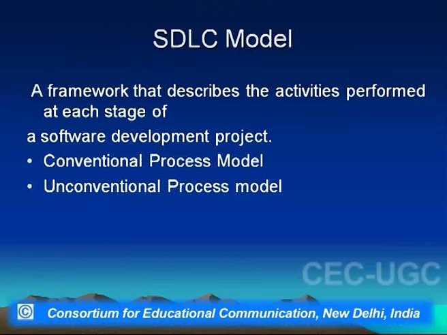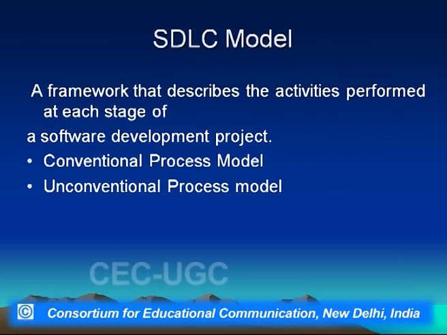Then you need the implementation phase, which includes coding and testing. Then you need the maintenance phase. So, these are the standard phases of the software development life cycle: requirement gathering, analysis, design, coding, testing and maintenance.